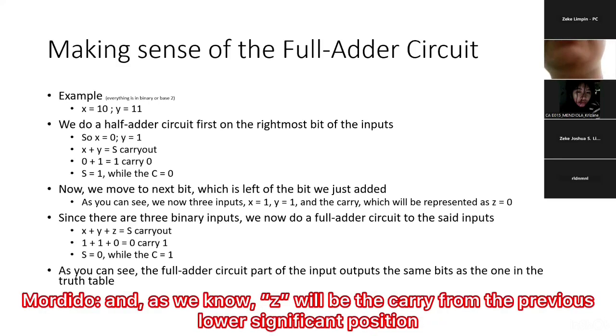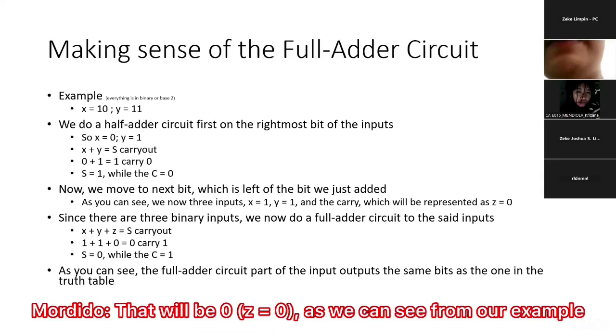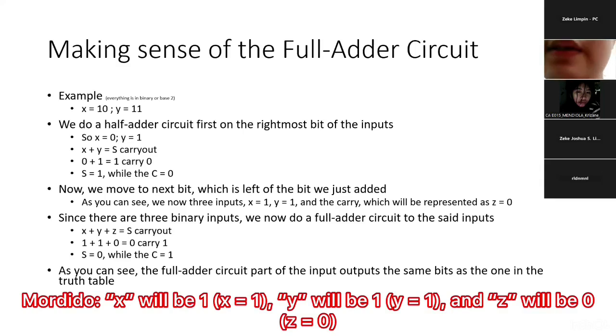And as we know, z will be the carry from the previous lower significant position. What was the carry from the previous lower significant position in our case? That is 0, as we can see from the example. So now we have the three inputs that we need: x will be 1, y will be 1, and z will be equal to 0.